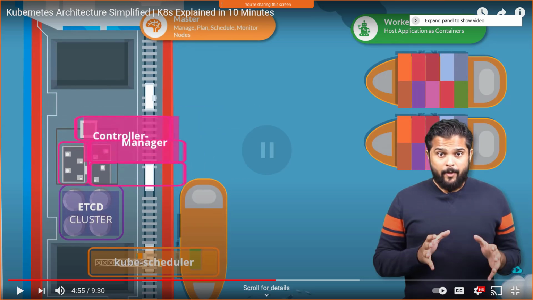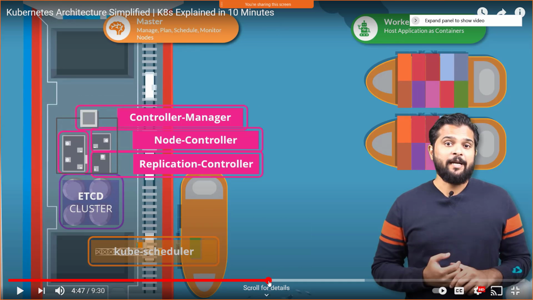So we have seen different components. The control manager has a node controller that checks how many nodes there are. You may want to add some more worker nodes, or remove some worker nodes, or some worker nodes are down or up. That's done by a node controller under the control manager inside the master node. And then the replication controller checks how many containers are in one worker node, and whether they are replicating their data to their passive or standby containers in the other worker node.